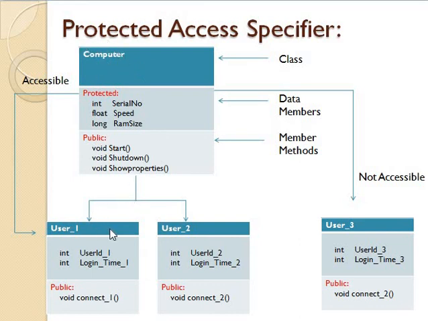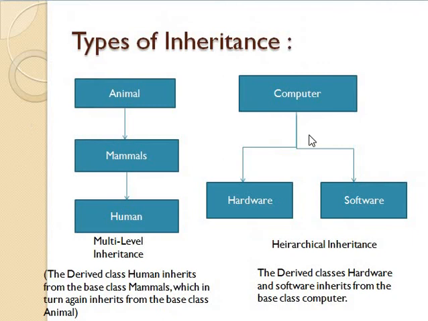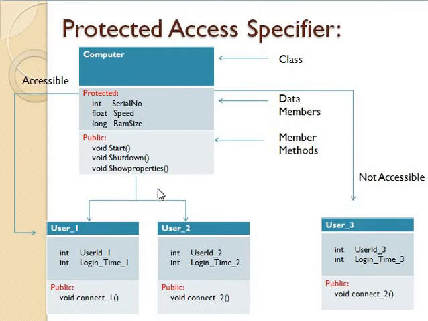Now this form of inheritance, where there are multiple derived classes which inherit the properties from the base class computer, is known as hierarchical inheritance, and the figure looks similar to this one, which I have already explained. So this form of inheritance, where the derived classes user1 and user2 inherit the properties from the base class computer, is hierarchical inheritance.